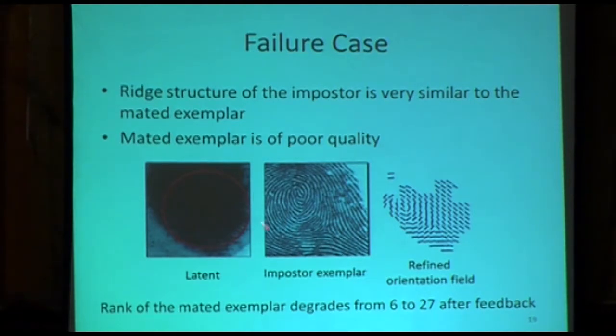So for this particular latent shown here, the mated exemplar rank degrades from about 6 to 27 after feedback. The primary reason is, as I mentioned earlier, the ridge structure is very similar, plus the mated exemplar is of poor quality. So these are the cases when the paradigm fails.